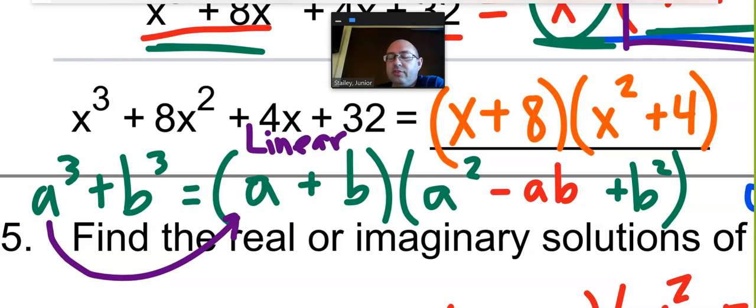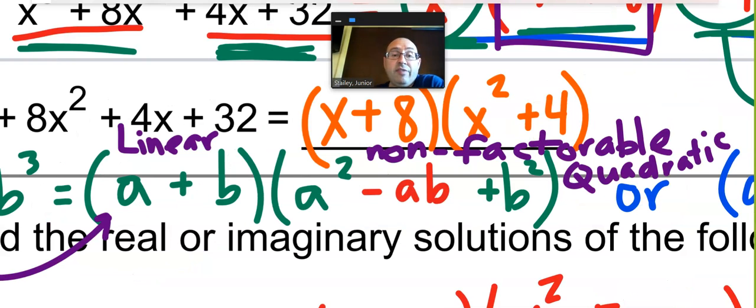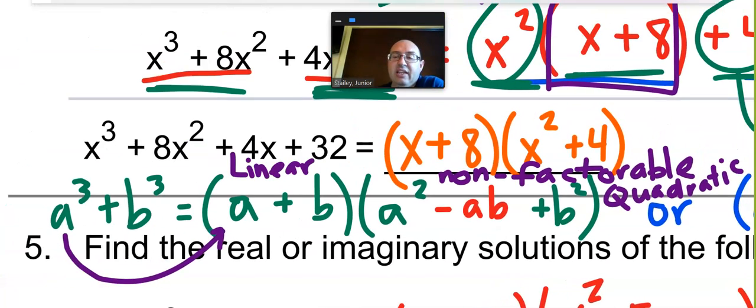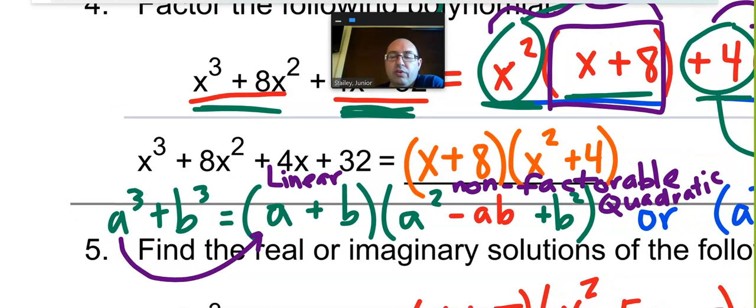Oops, I do not have enough room here. Let me pause. As I was saying, a linear factor, and then what is called a non-factorable quadratic. I know that I wrote real small there, crammed everything in from one problem to the next. So, in other words, the quadratic in the second part is not factorable.